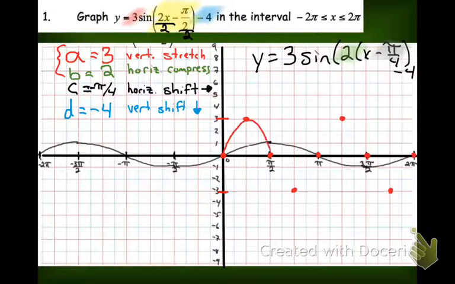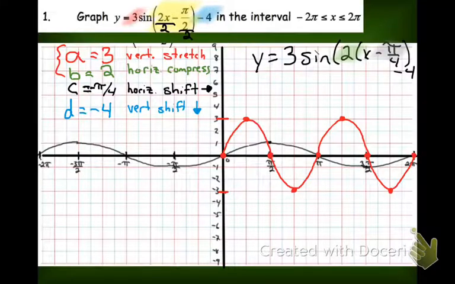our first curve looks something like this. And you'll notice now that I have 2 full cycles in the time it would normally take me to do 1.